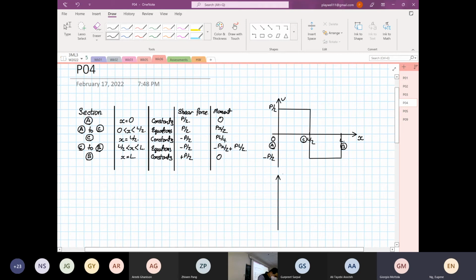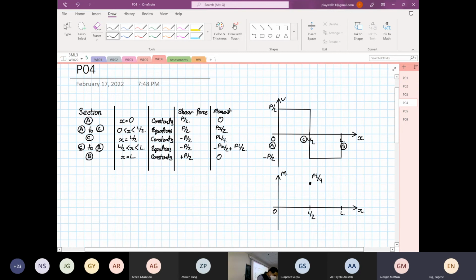So this is our M. There's also positive bending and negative bending, and I'll talk about what we mean by positive and negative bending later on. So this is X, this is 0, this is L over 2, and this is L. At L over 2, we have a maximum bending moment of PL over 4.